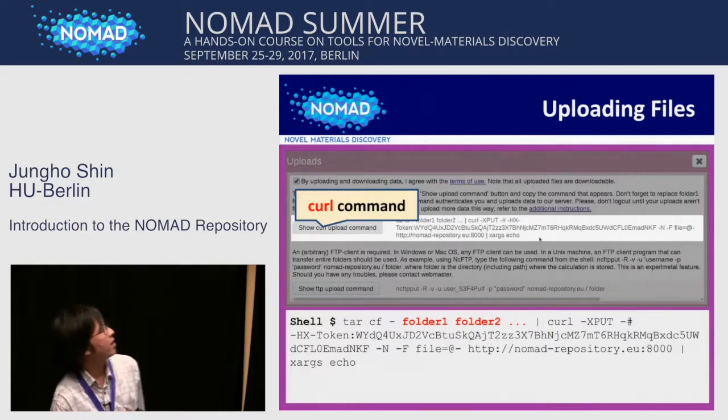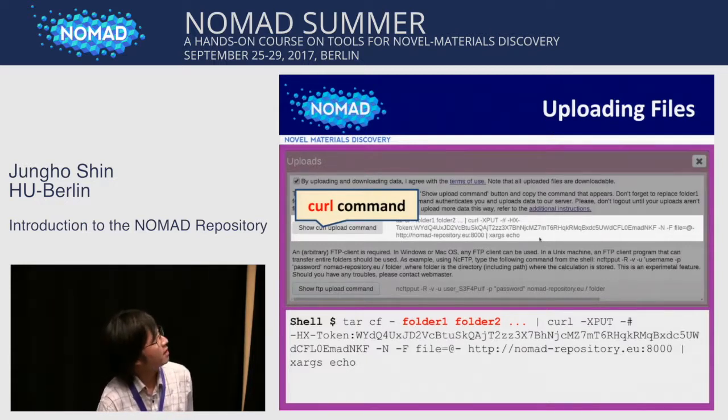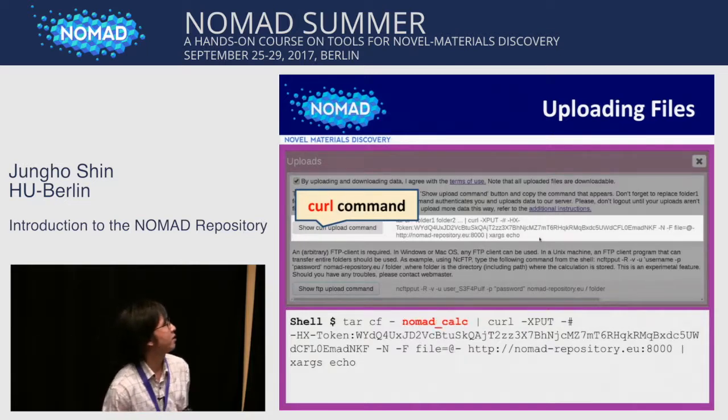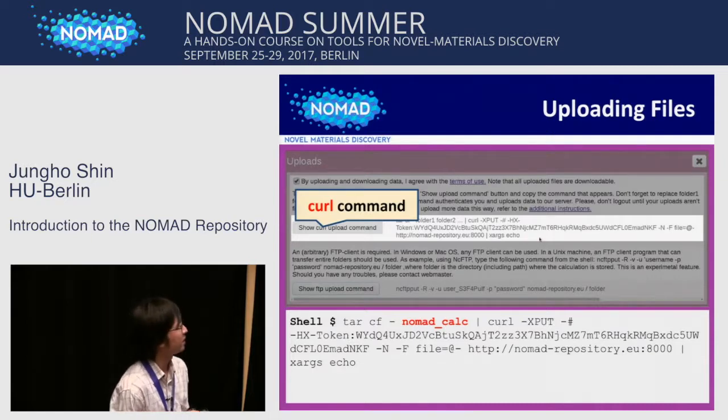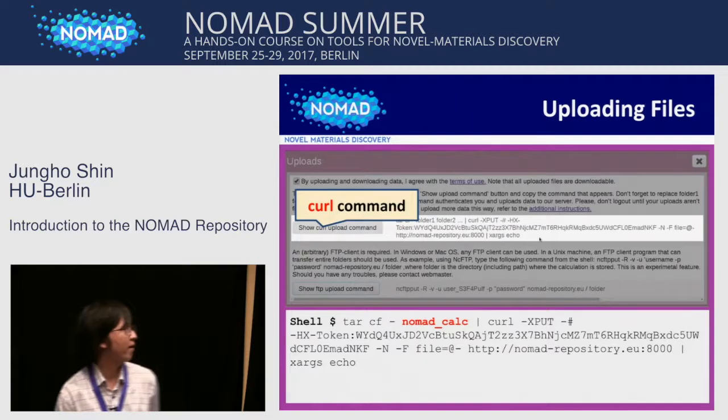One is the CURL command. Here you can see the text for the command. Just copy the text and paste it into your shell prompt, change the name of the folder to yours, and then just execute the command, and you can upload your files.